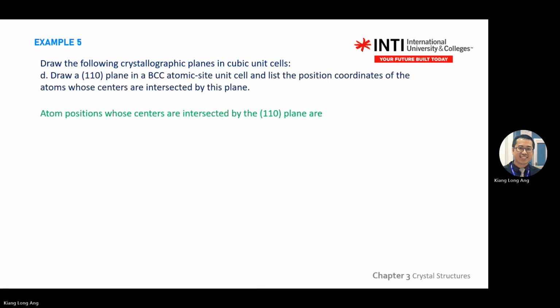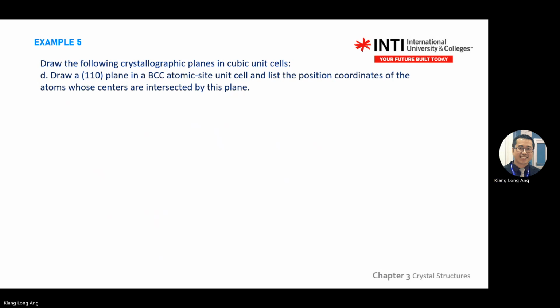Okay. The third one, it asks you to draw the 110 plane in a BCC atomic size. What is BCC? Body-centered cubic, and list the position coordinates of the atoms whose centers intersect with the plane. So you need to draw the cube. And then what is BCC? BCC has an atom at the center.